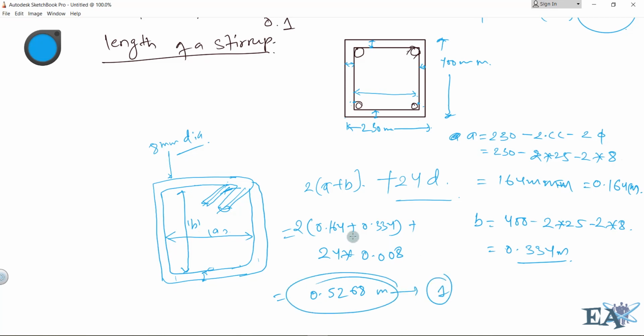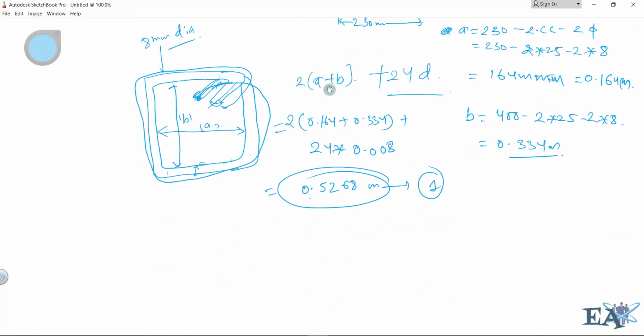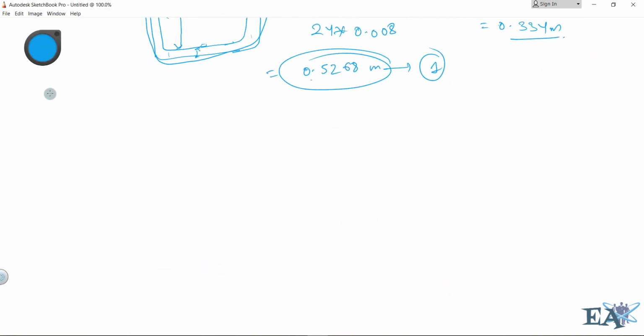So this is the total length. This total length, if you start from here, if you go like this, and if you take this entire length, so this entire length will be 0.5268 meter. Now, okay, now I'll use the green. Let's go green. Now the total length is equal to 47, that is number of stirrups, times 0.5268.